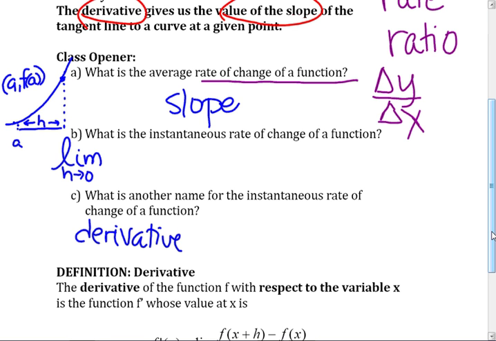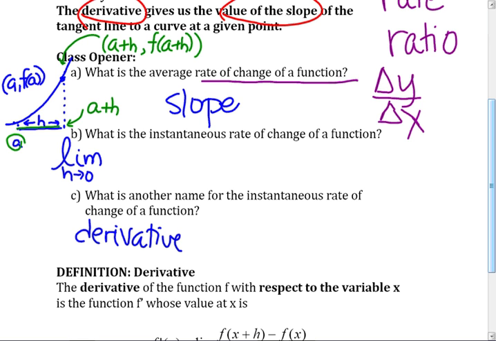If this is A and I go over H units, this is at A plus H. So this ordered pair up here is A plus H, and my function is f, so it's f of A plus H.